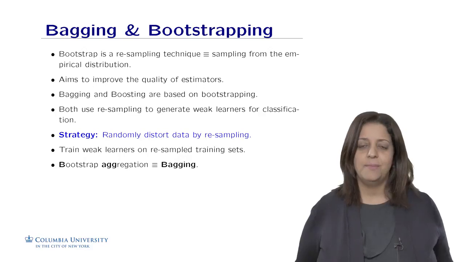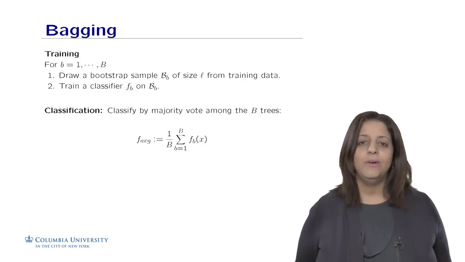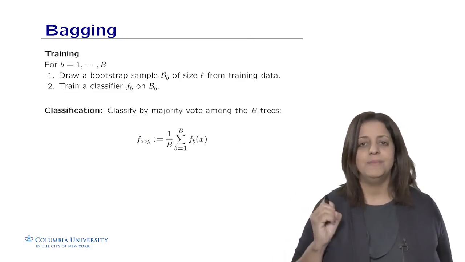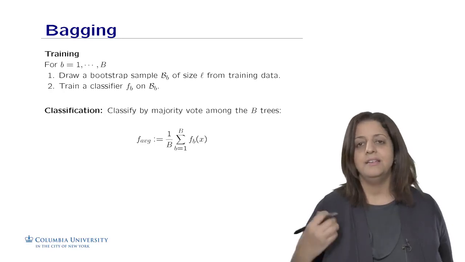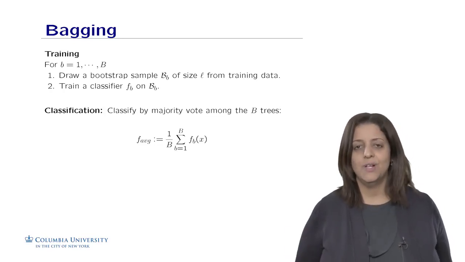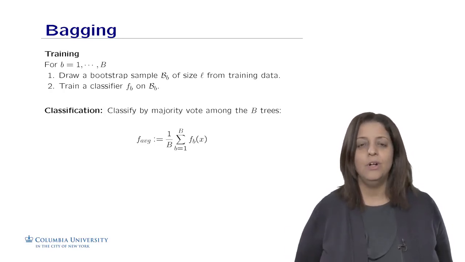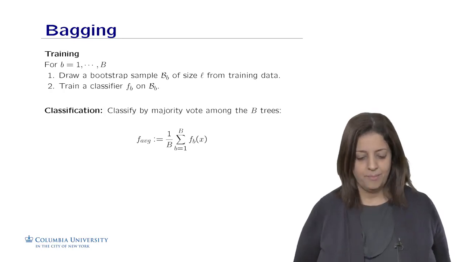Suppose we have a sample or training data set. We're going to sample from this data several times, build the learners, and then simply average the results on all of the classifiers obtained from the sampled data.